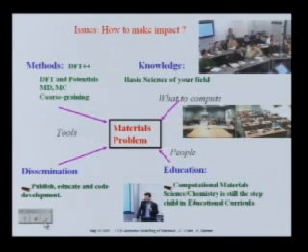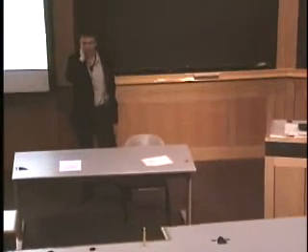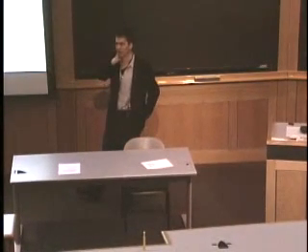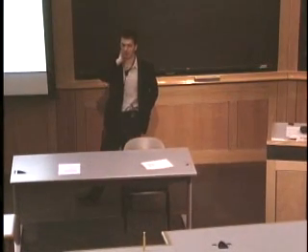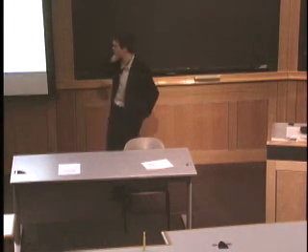Because you can be a good modeler, but if you don't know what to model, you're never going to have impact, unless you choose to remain on the pure theory and method development side. But I would argue that even then, you need to understand. You have to have field-specific knowledge, because otherwise you never know what is going to be important to develop. So I hope you don't forget that.